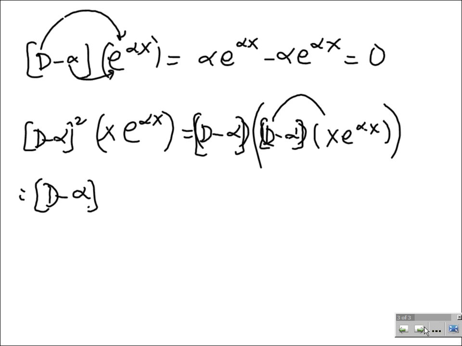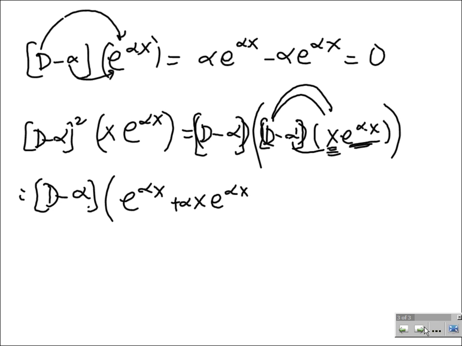But first I take the derivative of that. The product. I take the derivative of the first term, which is 1, times that function, which is just that function, plus the first times the derivative of the second, which will be a times e to the ax. That's what I got when I did d of this.